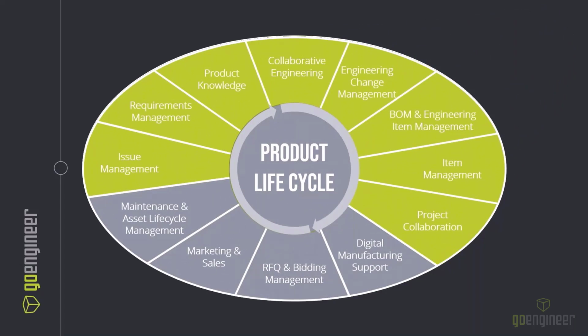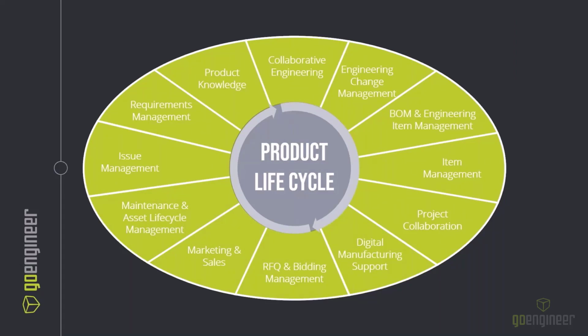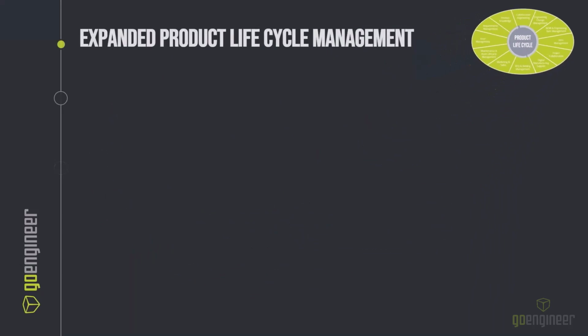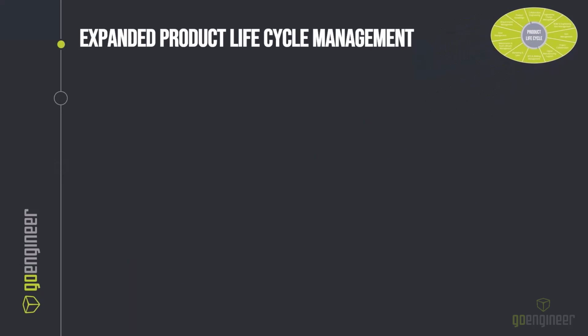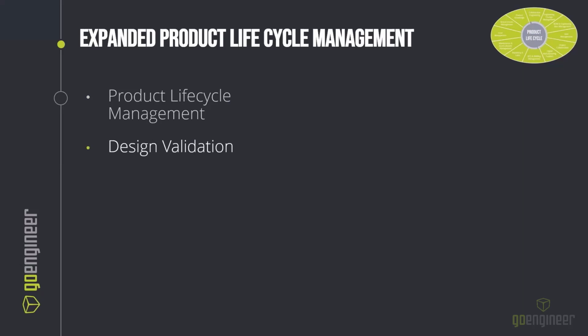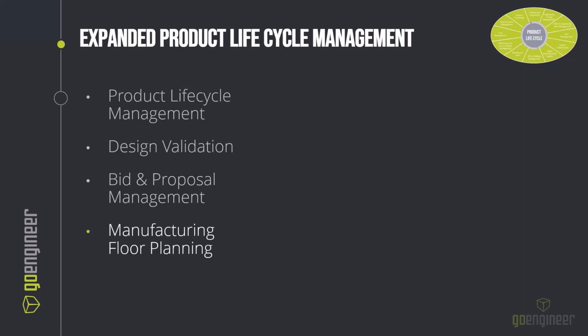You know, instead of just supporting product development as well as delivery, we could cover more challenges of the sales and manufacturing processes. So for an expanded PLM system, we would need not only traditional product lifecycle management, but also design validations, support for sales efforts with bids and proposals, full factory floor planning, and effective product communications.